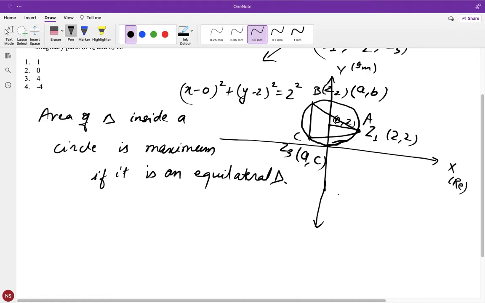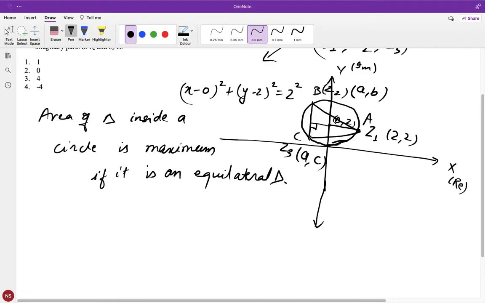Because we know that in an equilateral triangle, if we drop a perpendicular, it bisects the opposite side. The perpendicular here is the line joining (2, 2) and (0, 2). So this is parallel to the x-axis, or the real axis, and this is perpendicular to BC. So if this is perpendicular to BC, then BC is parallel to the y-axis, right?